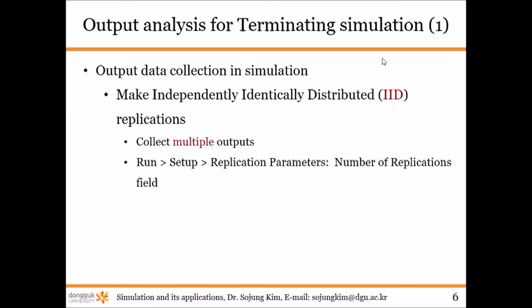Arena, or other simulation software, will automatically create the IID replications for you. So I conducted the IID replications and then collected the data, so we can avoid the bias with random statistical samples.